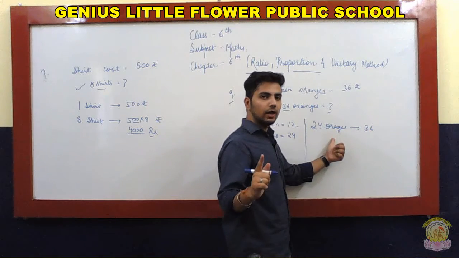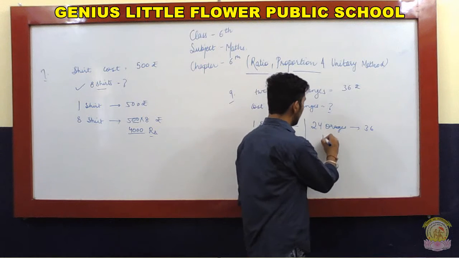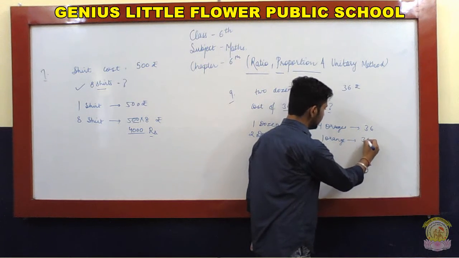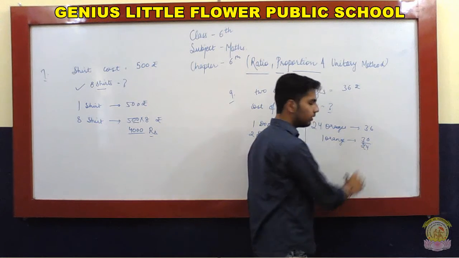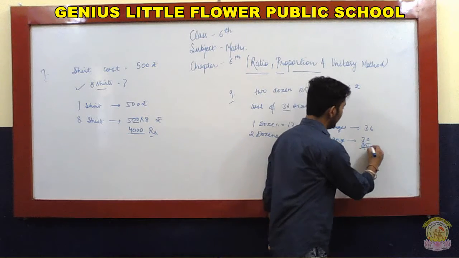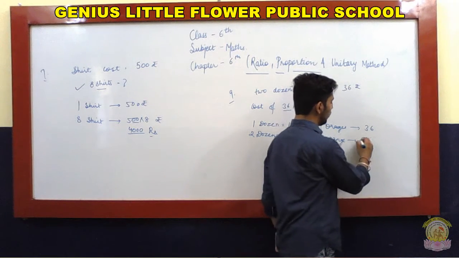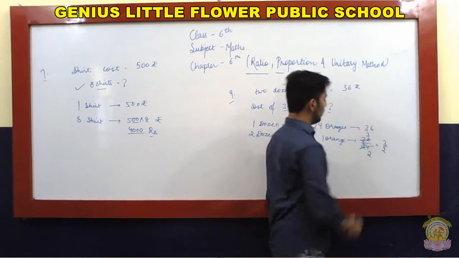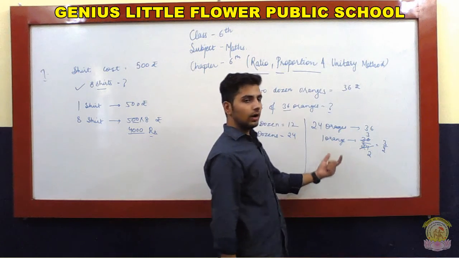So what we are going to do? We are going to calculate the value of 1 orange. So 1 orange costs 36 by 24, right? So divided by the table of 12. You will have 12 2s are 24 and 12 3s are 36. You will get 3 by 2. Here you have the value of 1 orange.